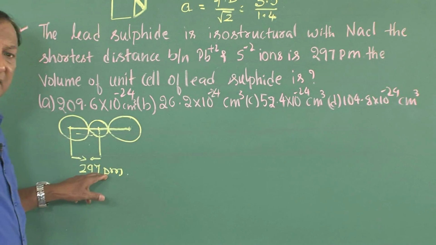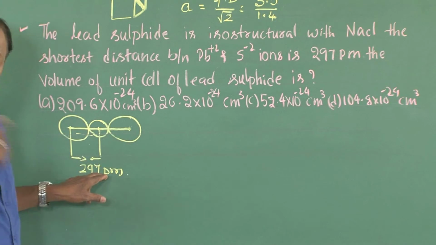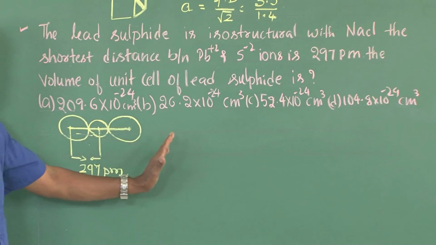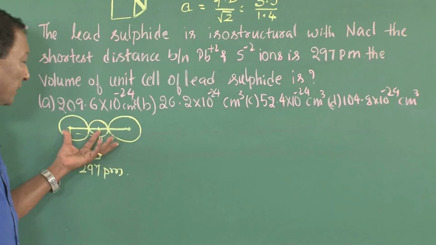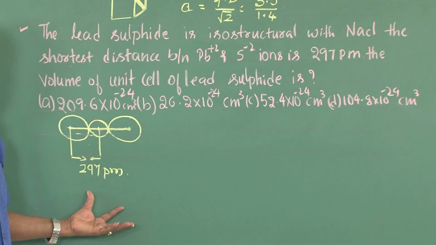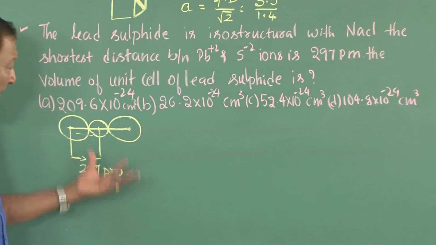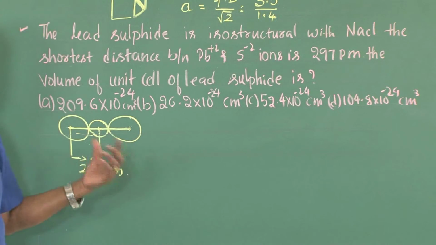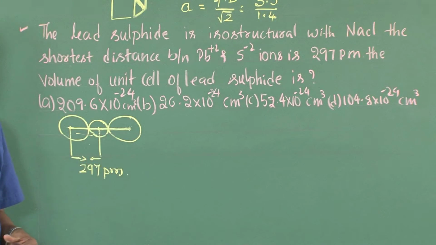And with this distance, can we get the edge? Very simple. It is half of the edge length because it is only the two radii making up 297 picometer, and for the entire edge, we just have to double this value.